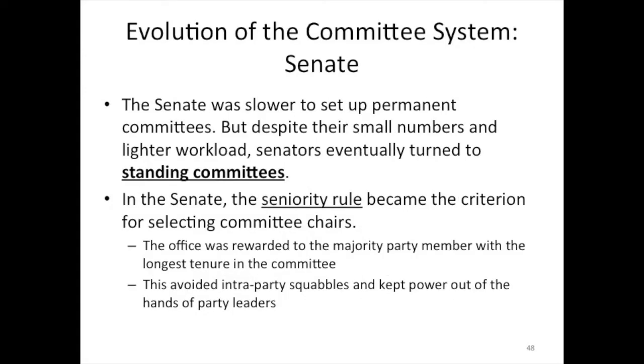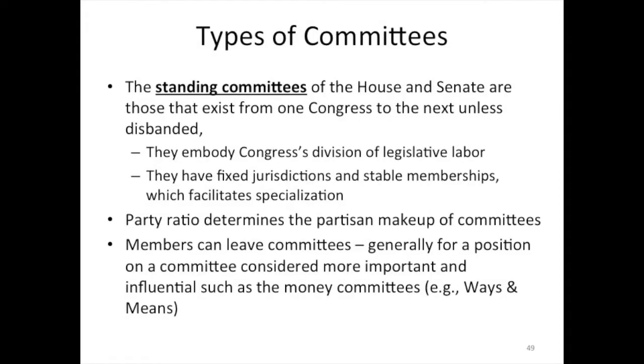The Senate was a little slower to set up permanent committees. But despite their small numbers and lighter workload, the senators eventually turned to standing committees. Now, standing committees exist from one Congress to the next unless they are officially disbanded. So in the Senate, the seniority rule became the criterion for selecting committee chairs.